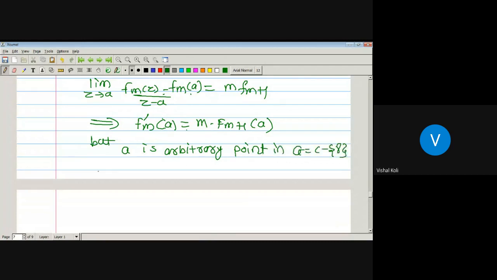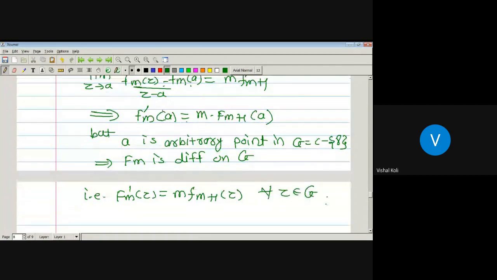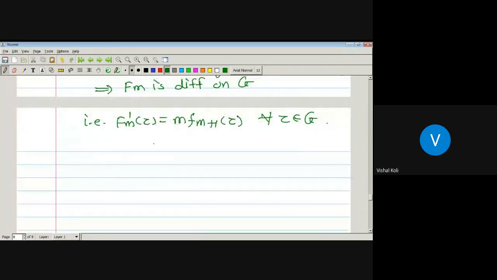It means fm is differentiable on whole G, that is fm dash of z is equal to m into fm plus 1 of z for all z belonging to G. So here fm is a differentiable function on G. Now we have to check whether its derivative will be continuous.